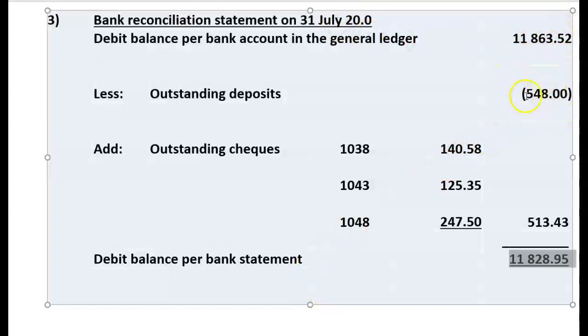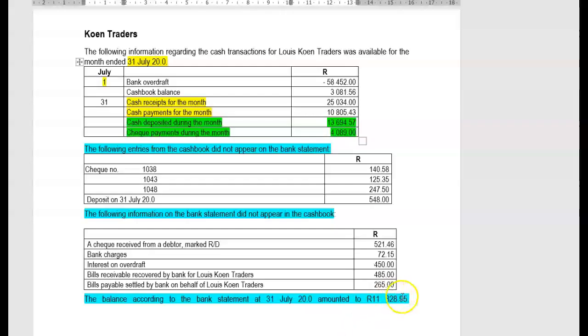We have to take it out, so we're going to decrease our ledger account balance again to eliminate the impact of that outstanding deposit. And once we've done that, we do a simple computation. 11,863 minus 548 plus 513 brings us back to a balance according to the bank statement of 11,828.95, and that is actually the actual balance according to the bank statement.